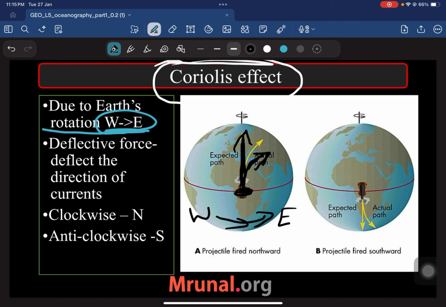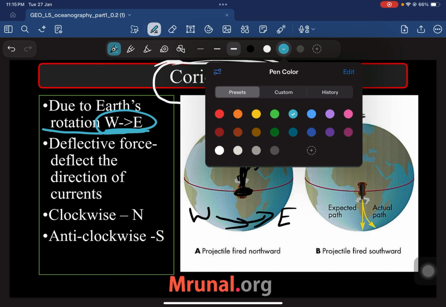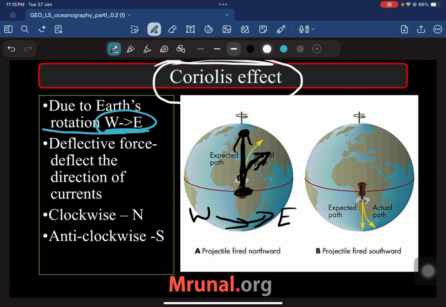The expected path is here, but actually where will it reach? It will reach here. Why? Because of the rotation of Earth, it gets deflected like this. This is called Coriolis force.